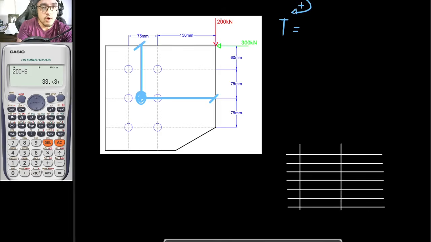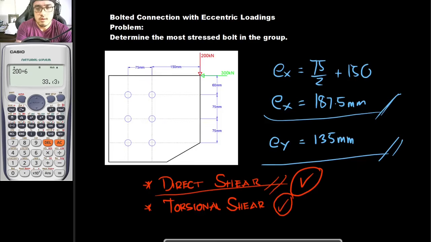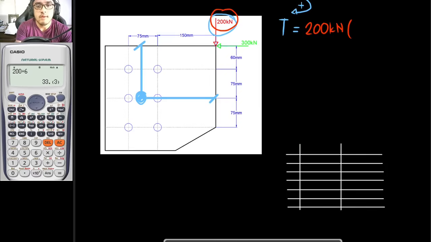So from that, 200 kilonewtons, which is this load right here, times our lever arm, or the eccentricity, of 150 plus 75 over 2, which is 187.5 mm.